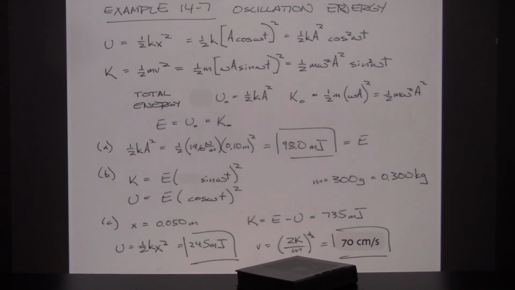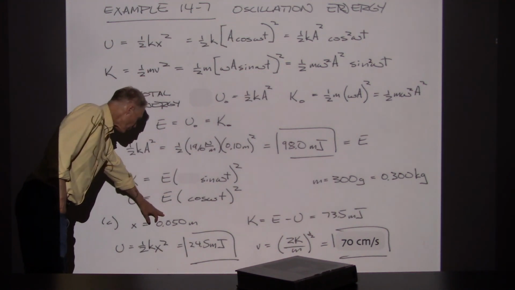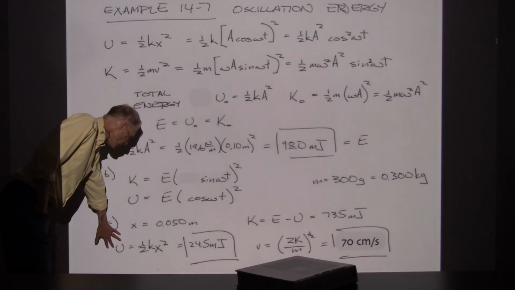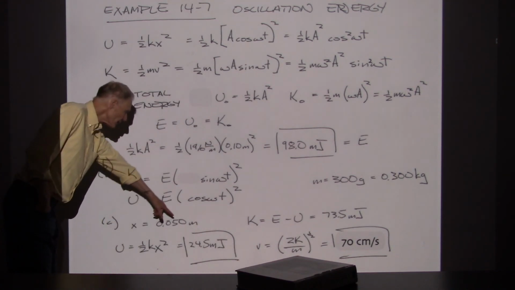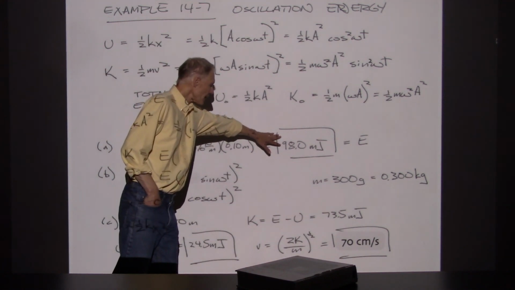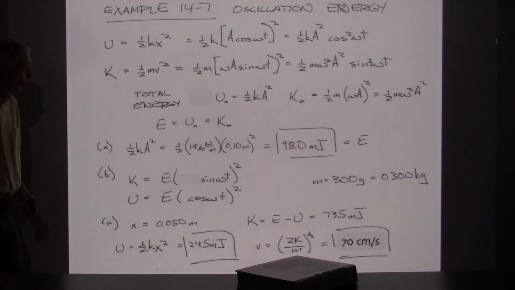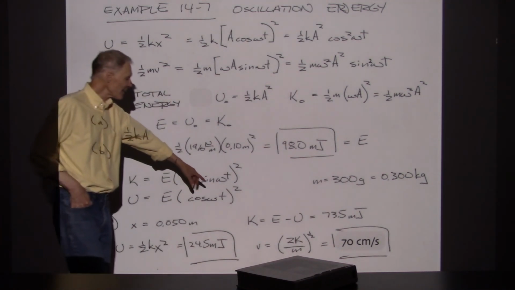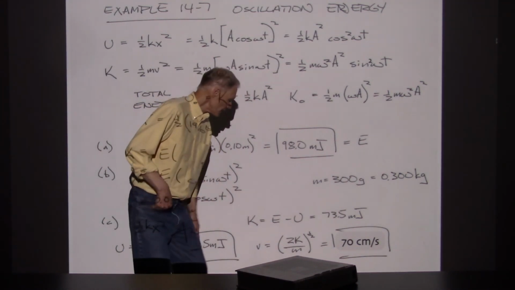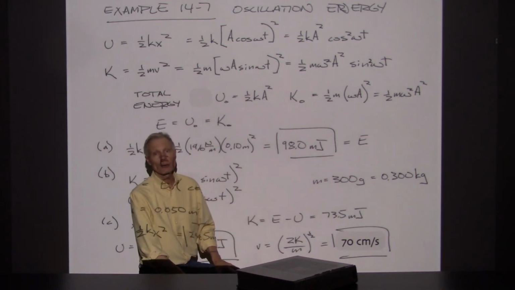And so what we can do for that is we can set x equal to 0.050 meters, and what we find is the potential energy at that instant is 24.5 millijoules. Well, if the total energy is 98 and the potential energy is at 24.5, that means the kinetic energy at that instant is going to be total energy minus potential. That's going to be 73.5.